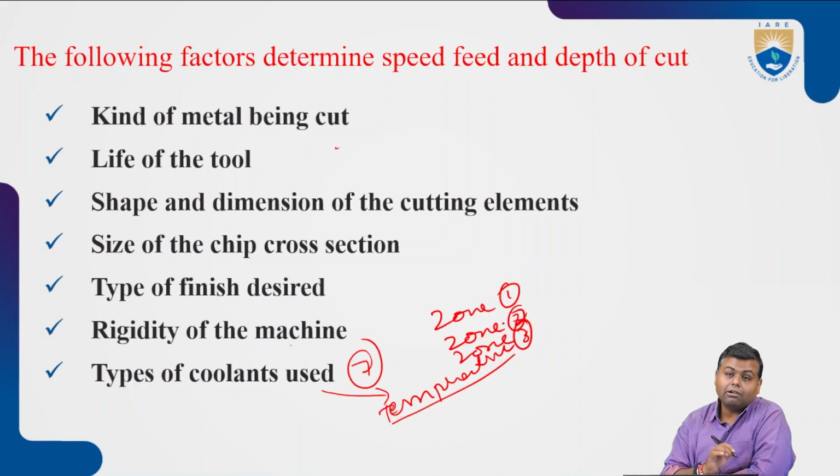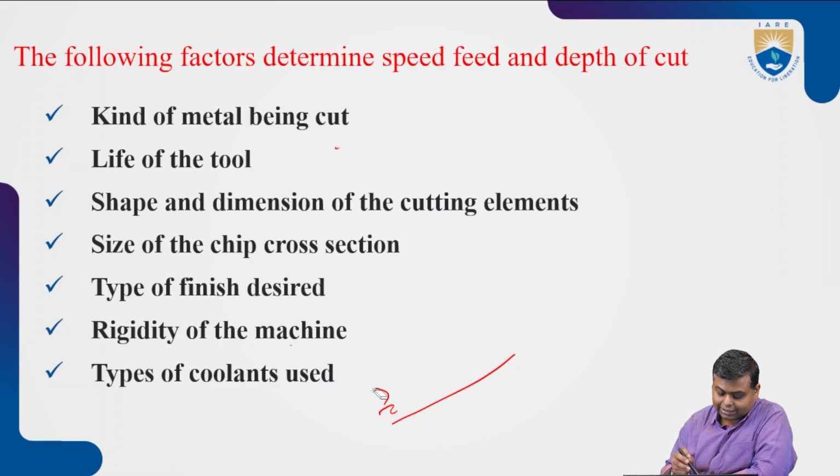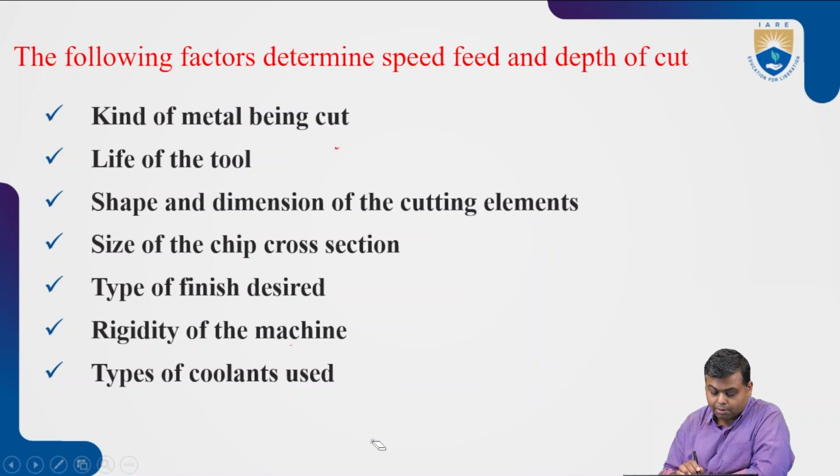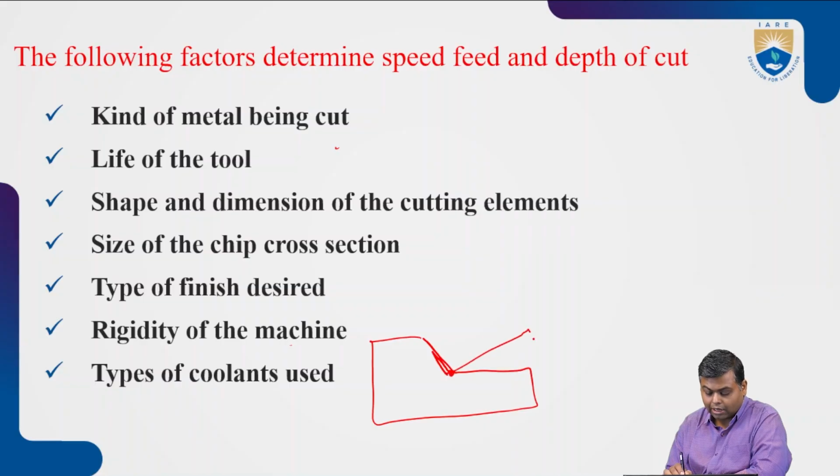In our last discussions, we have already discussed what the primary zone, secondary zone and tertiary zone are. The primary zone stands between the tip of the tool and the workpiece engagement, wherever the shear plane is connecting into the part. So the primary zone is along the shear plane.